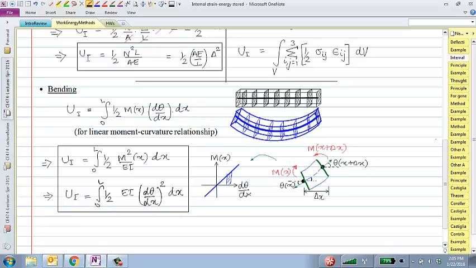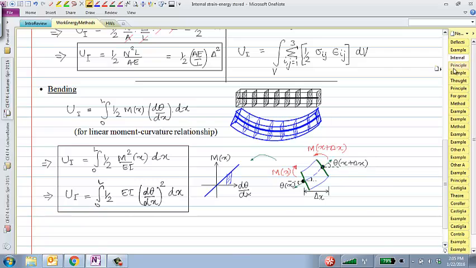And for beams, it is half M square over EI, integral between 0 to L. Again, don't memorize these expressions. There will be a lot of expressions to try to memorize. But if you understand them, you don't need to memorize anything. You can pretty much derive them straight away from half P delta or half M theta, in 15-30 seconds whenever needed. So try to understand where they're coming from.